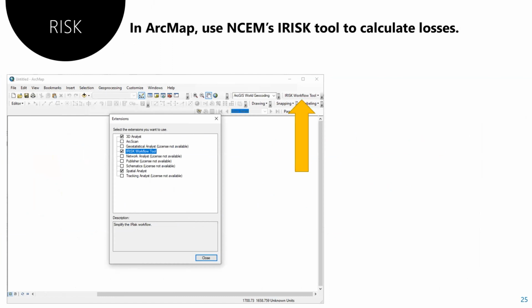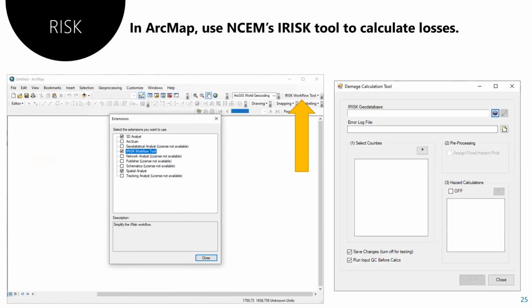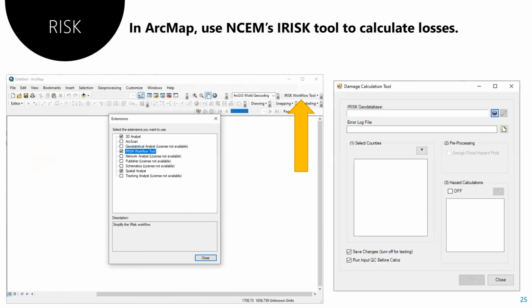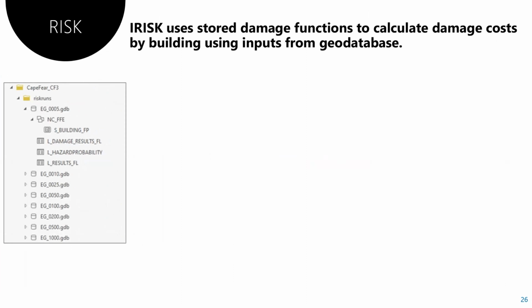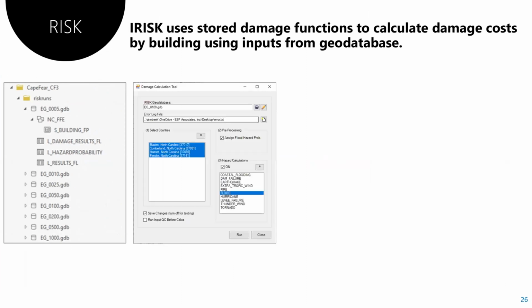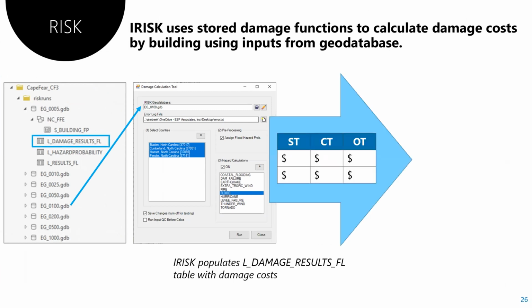So in ArcMap, the risk tool is accessible through ArcMap. We just have an extension for it. So once we have that opened up, we're going to plug in our geodatabase for the flood return period into our input. The output from this tool is going to be this table that has our damages populated for that building.